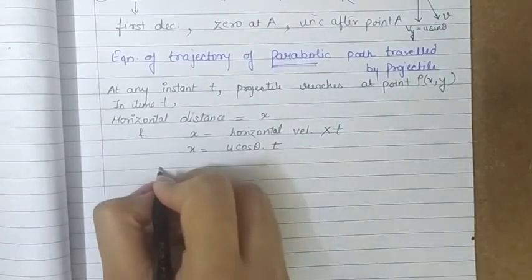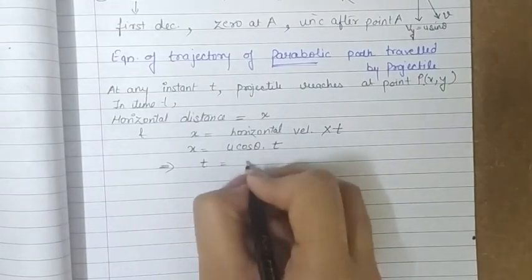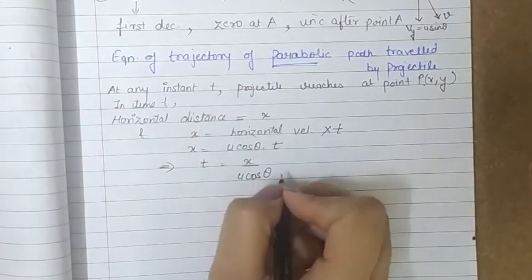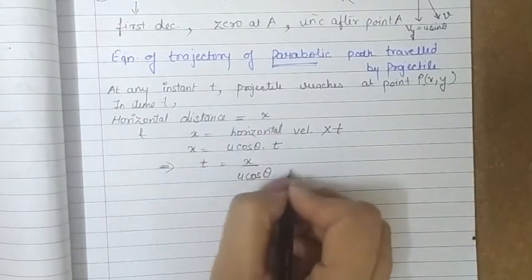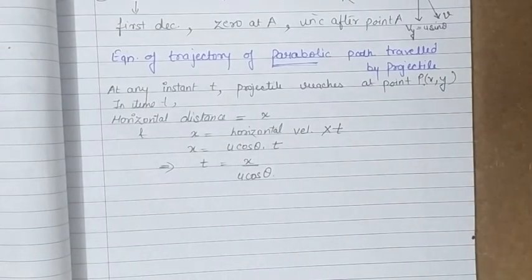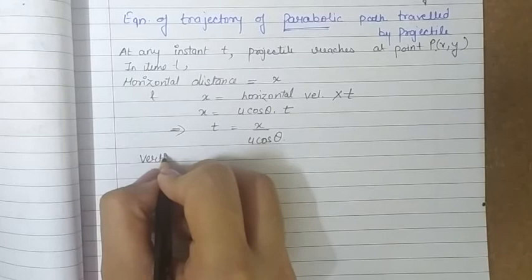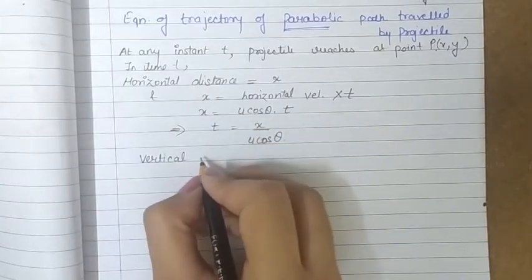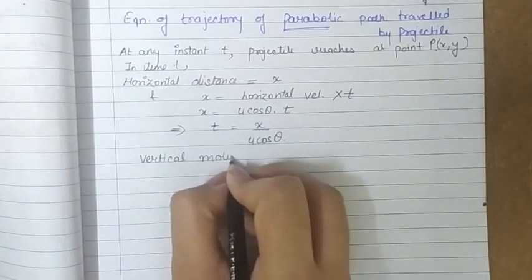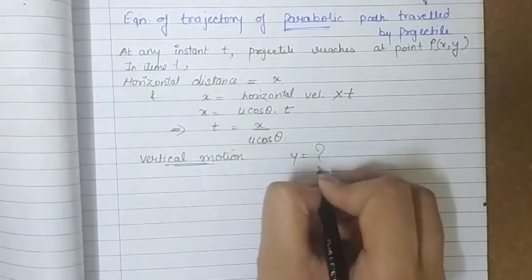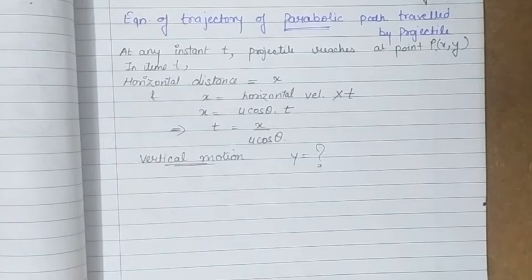So we can write that the time is x upon u cos theta. This is the time taken by the particle to reach point P. Now for vertical motion, the vertical distance is y, and that we have to find.